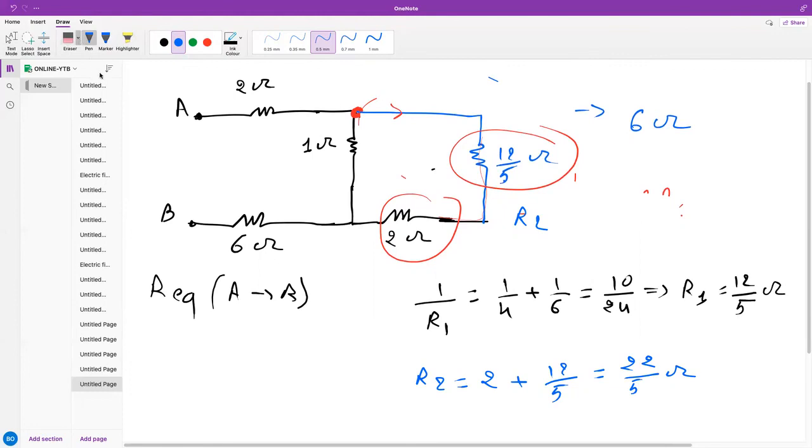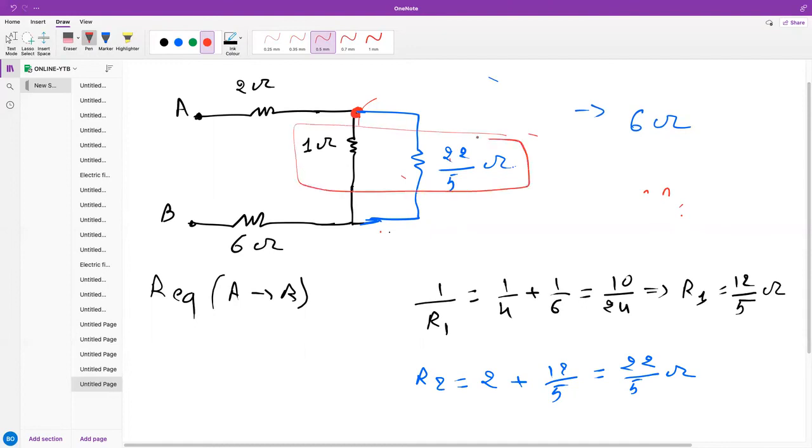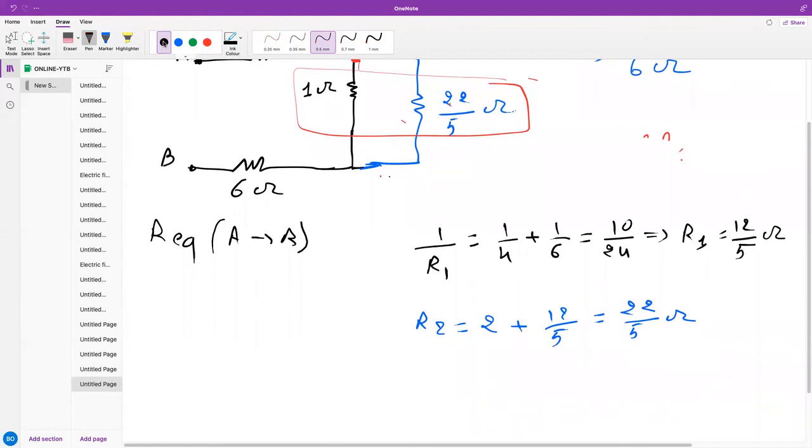Then I can go ahead and simplify this with another resistor that is R2, equal to 22 over 5 ohms. I can see that these two are also in parallel, which I can name R3. So 1 over R3, because those are in parallel, will be 1 over 1, which is 1, plus 5 over 22.